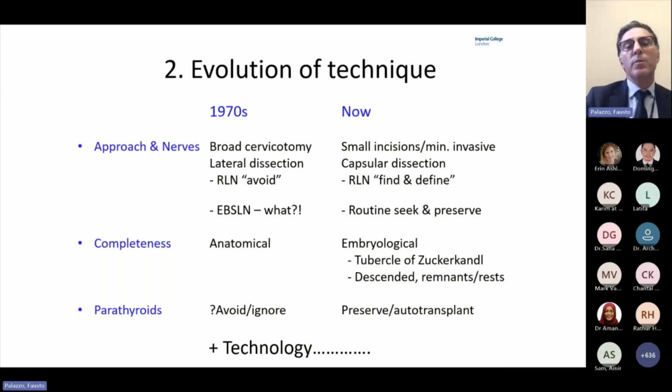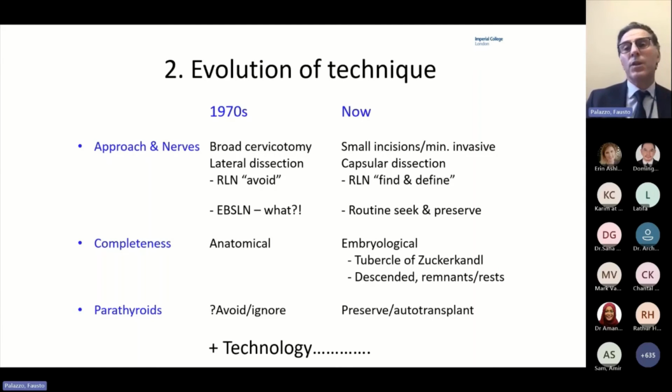The external branch of the superior laryngeal nerve is the neglected nerve. It's very important if you're a professional speaker or singer in particular, because it affects your ability to throw your voice and to reach high pitches. Now, we routinely seek, identify and preserve the external branch, again with the use of nerve monitoring, which I'll discuss afterwards.